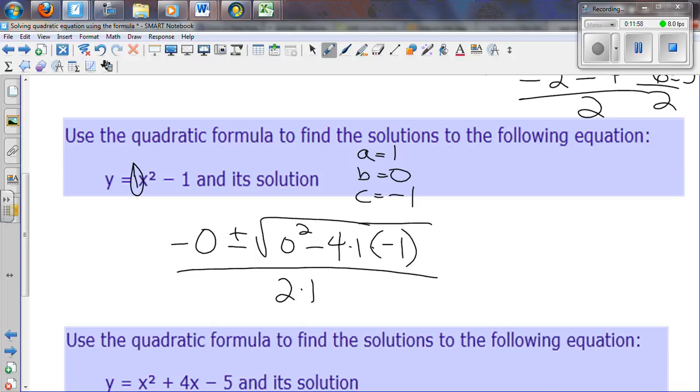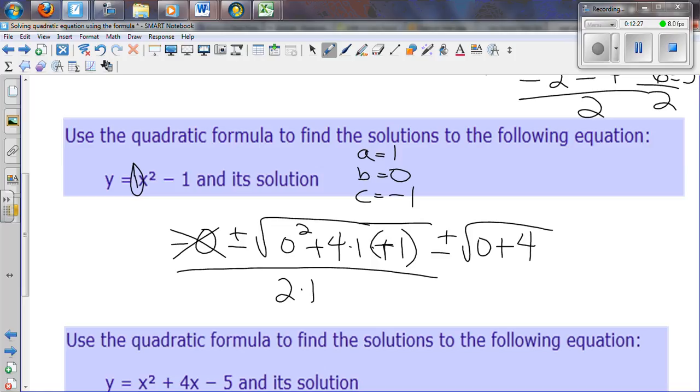So we have 0 plus or minus, so this is gone. Here we have 0 squared minus 4 times 1 times negative 1. So that's 0 minus, plus or minus 0 minus 4. Actually plus 4, because negative times negative is positive.